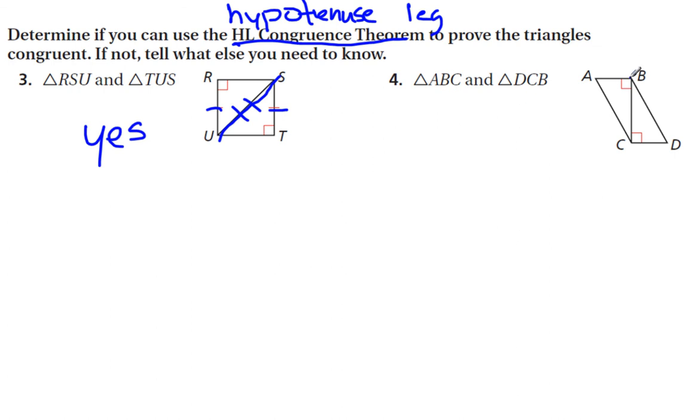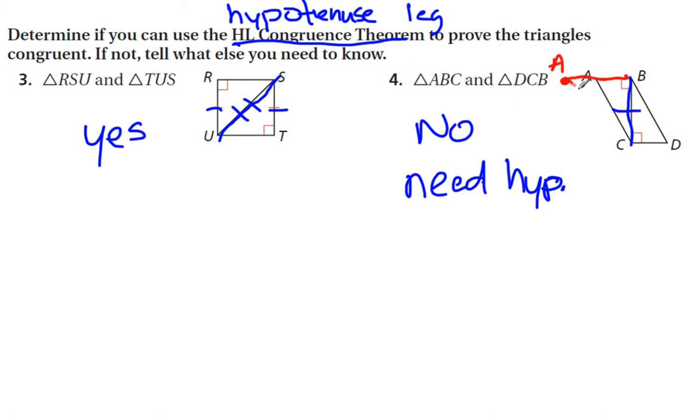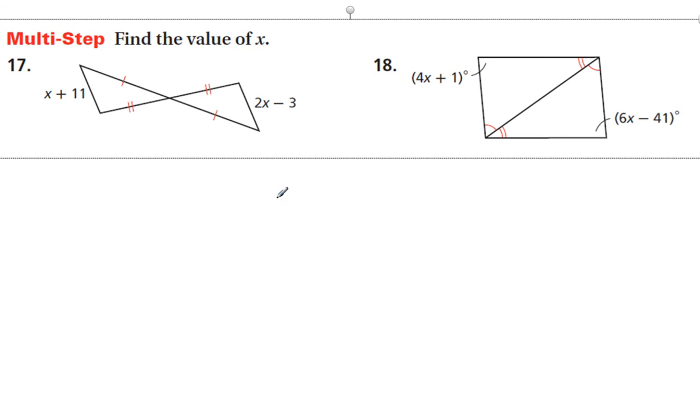The other one, they share a leg, but we know nothing about the hypotenuse, so we cannot say they're congruent. So we put no, because we need the hypotenuse. And then we show how we could draw that same triangle with everything given to us and show they definitely don't look the same. Because the original one, they looked right, but you can't assume they're right.